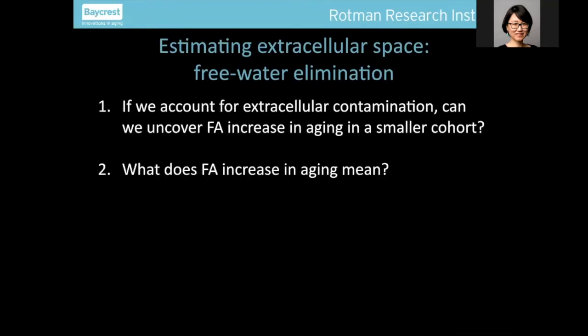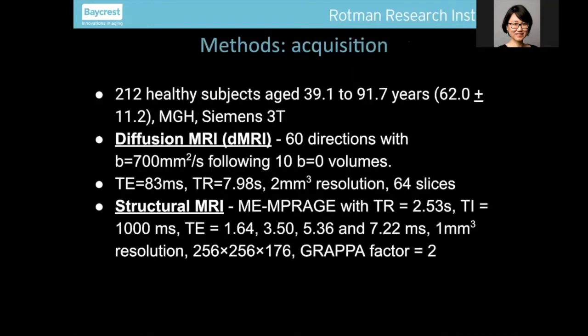The questions we want to answer are, one, if we account for extracellular contamination, can we uncover cellular FA increase in aging in a smaller cohort than 5,000 subjects? And two, what does FA increase in aging really mean? Do we really expect the tissue to get better and more healthy in older populations?